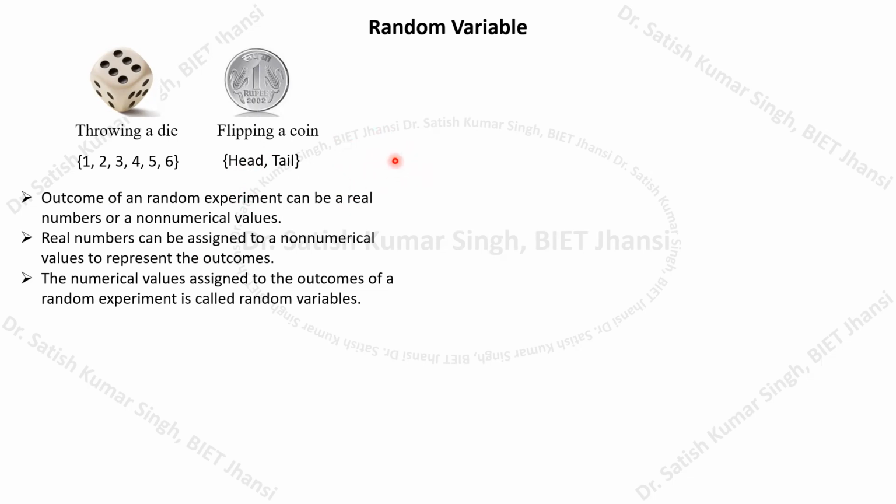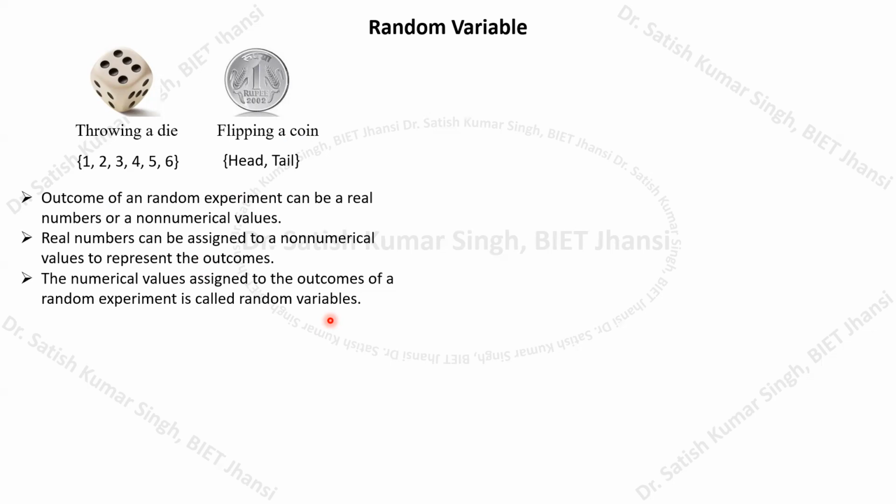If x equals -1, then it corresponds to tail. This way I can assign a real number to these non-numerical outputs. Basically, the procedure of assigning numerical values to the outcomes of your random experiment is known as the random variable.